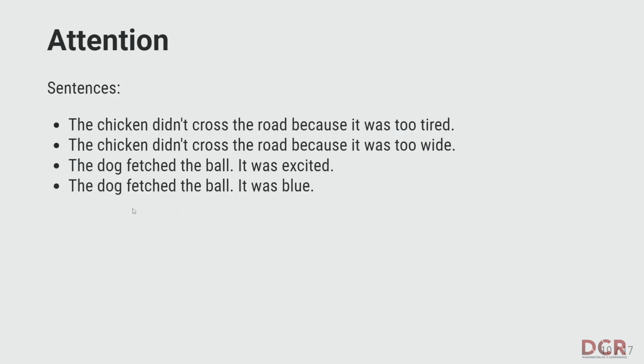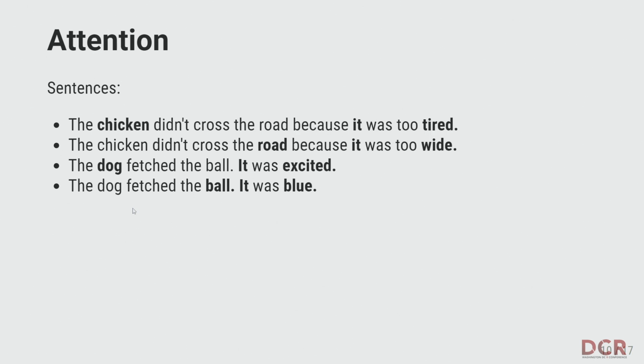If we look at some more complicated sentences, we've got: The chicken didn't cross the road because it was too tired. The chicken didn't cross the road because it was too wide. The dog fetched the ball. It was excited. When the dog fetched the ball, it was blue. Obviously, the last word in each of those sentences changes what it means within that sentence.